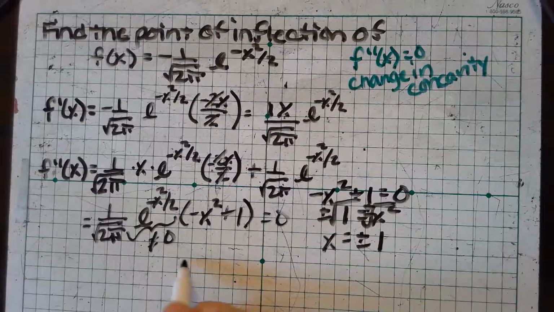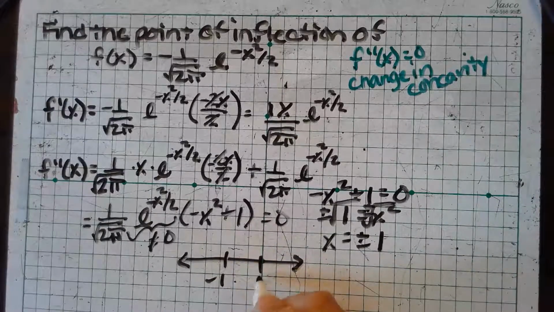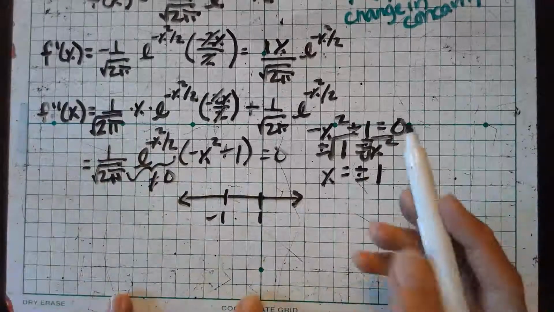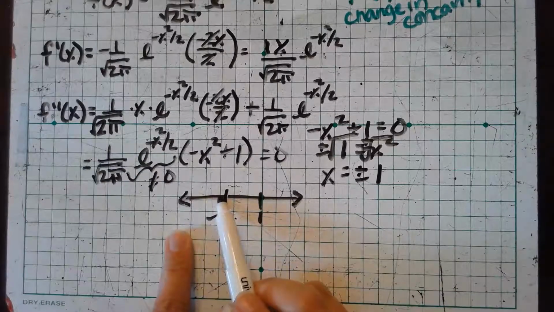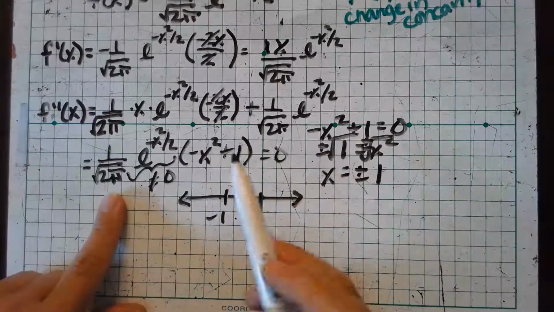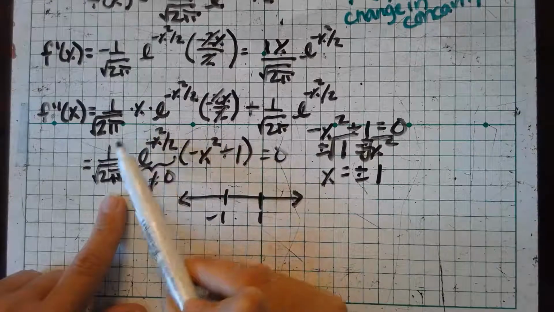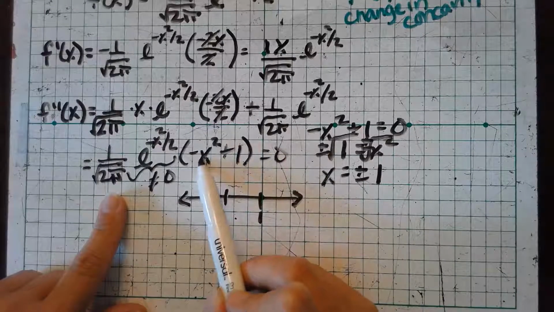Now the question is, does it change concavity? On the left side of negative 1, let's think about it. That's, say, negative 2. Well, this is always going to be positive. But if I plug in negative 2 here, that makes 4, but I have that's negative.